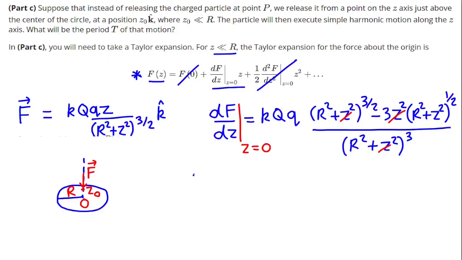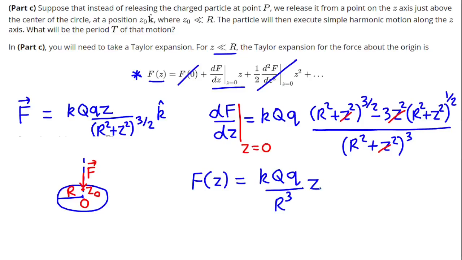So we end up with the force as a function of z equal to this derivative, which is k times q times r cubed on r to the power of 6. So r cubed goes in the denominator, and multiply by z.